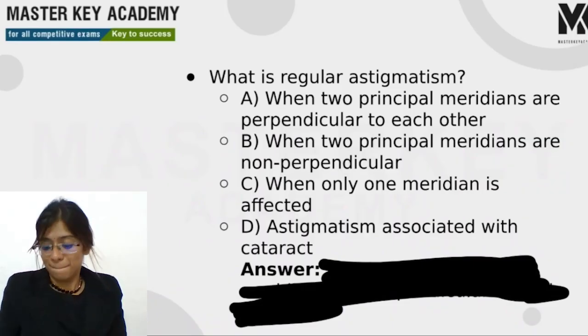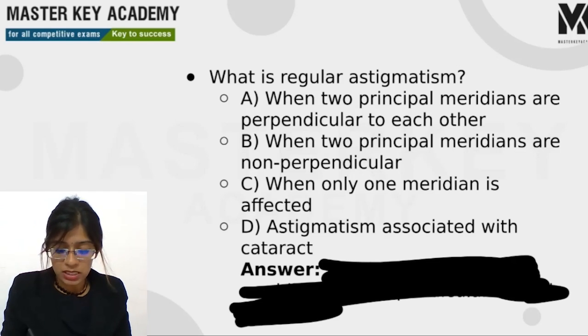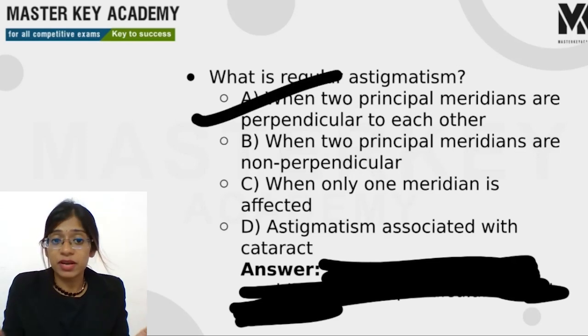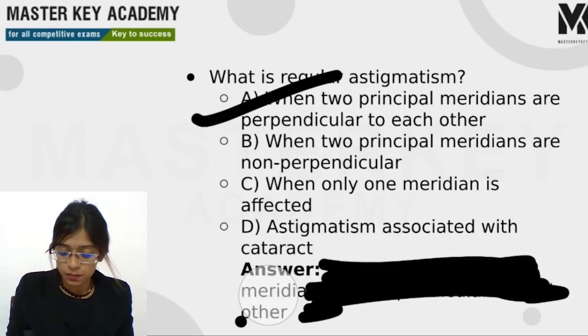So when two principal meridians are perpendicular to each other, what we get is regular astigmatism.